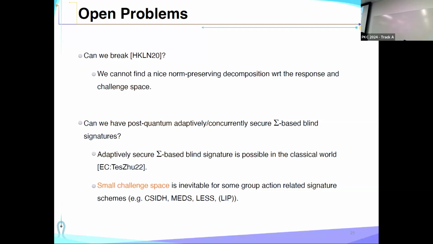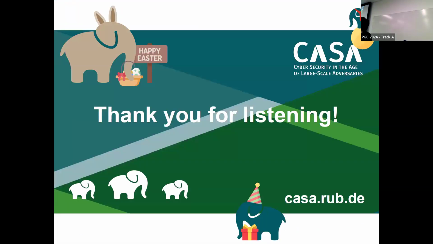And we want to emphasize that the small challenge space is inevitable for some correction-based signatures like CSIDH-based or code-based or some lattice-based ones. You can also view it as a correction, right? So it's inevitable that you need to do parallel repetition, which means you also need to design a different parallel repetition so you can prevent our attack. And that concludes our work.